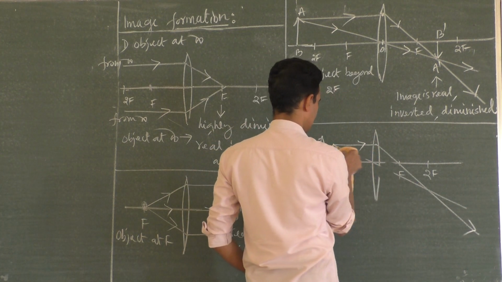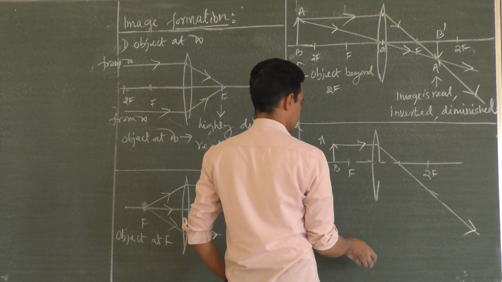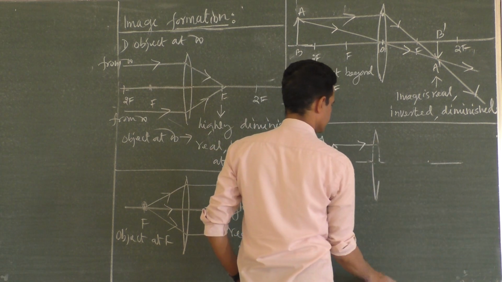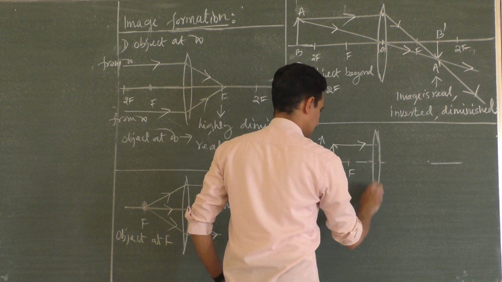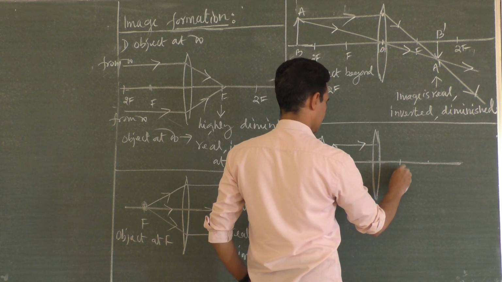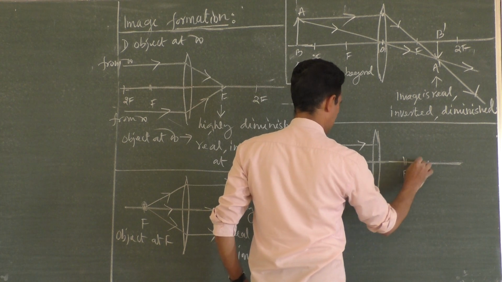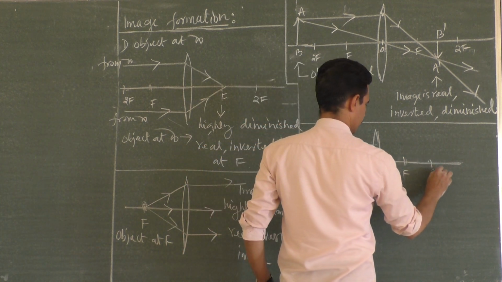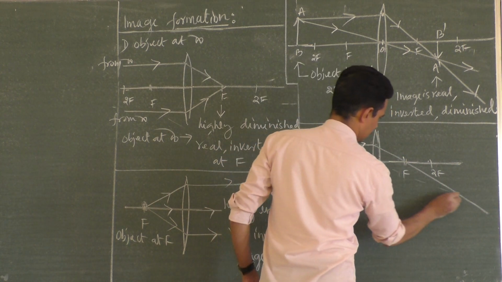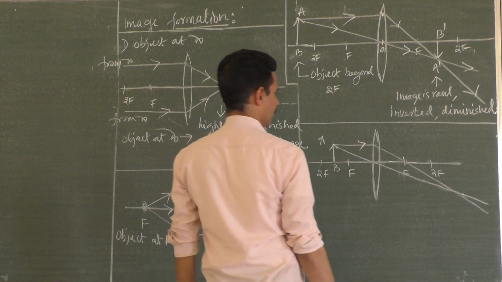You should get an image beyond 2f, so f, 2f, here like this. Here should be f, somewhat the same distance, and here should be 2f. One ray going like this, and another ray going like this, and meeting beyond 2f.